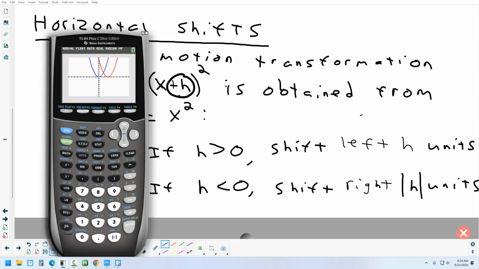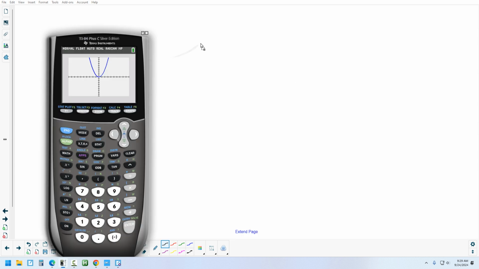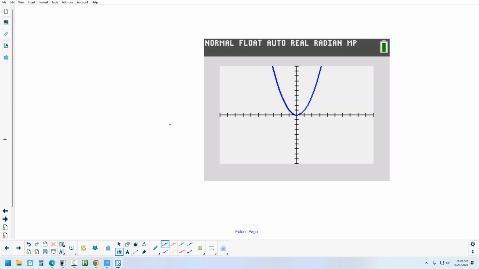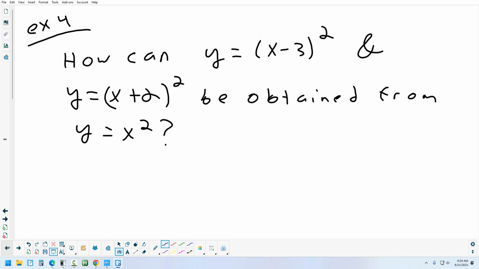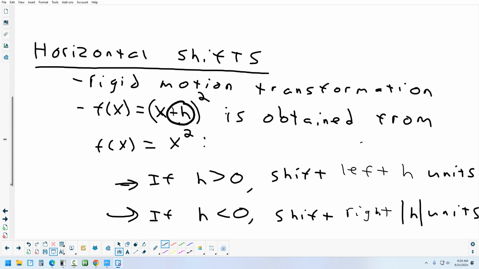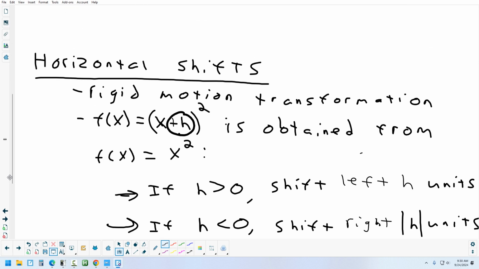Let me put the original one back up, just y equals x squared. Where does it look like the vertex is in that picture? 0, 0. Yep, it's at 0, 0. Which way does h move the vertex again? Left or right.